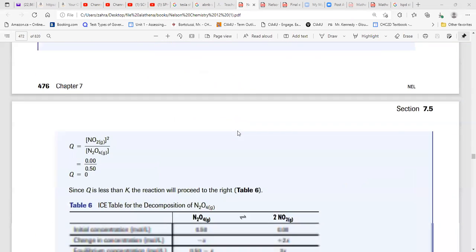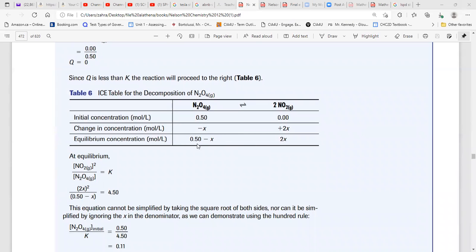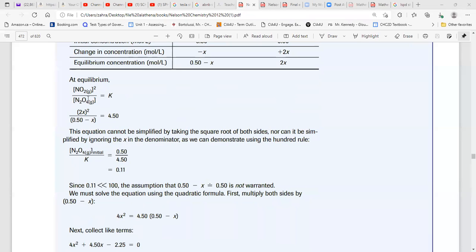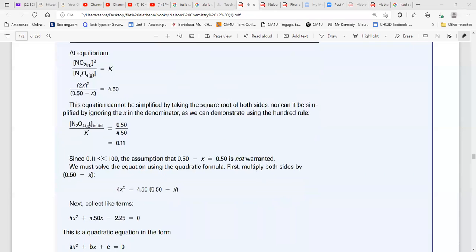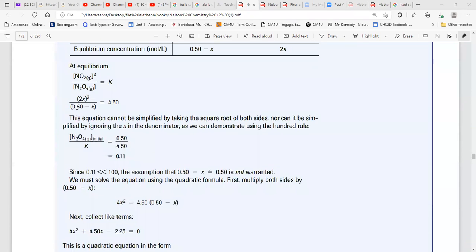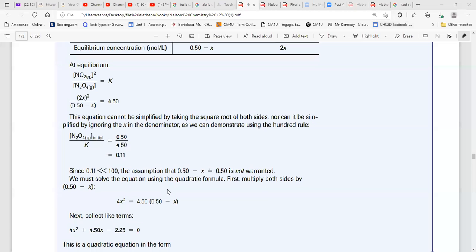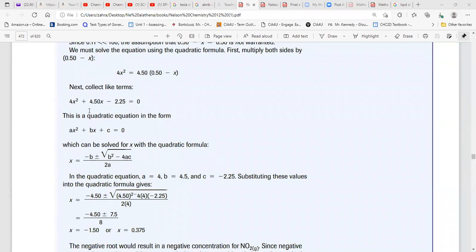Here's an example. After you establish the ICE table and establish your K, we get to this point. We do a cross multiplication. 2.5 minus x multiplied by 4.5. Let's see here, 4x to there. 2 power 2 is 4, x power 2 is there. You bring everything to one side, and see here, we have a quadratic equation.